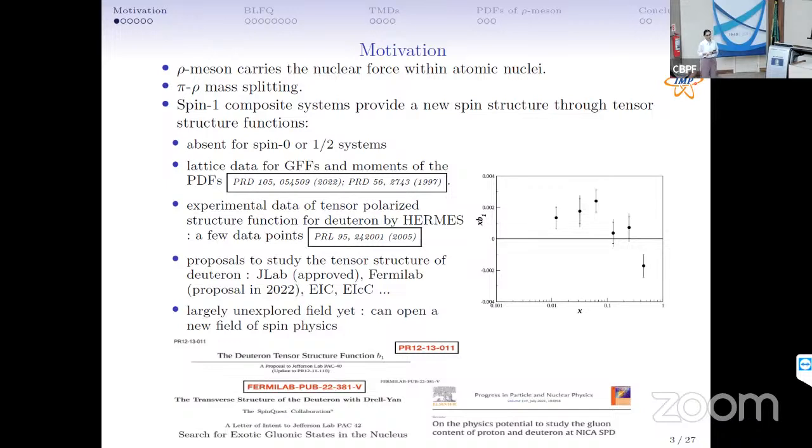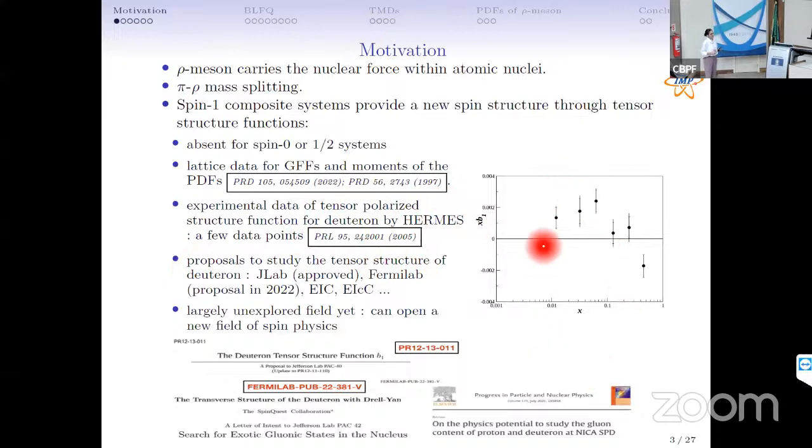Although there is no experimental data available for the rho meson structure functions, there are some latest data available for gravitational form factors and the moments of PDFs. Being a spin 1 particle, the deuteron also has this tensor polarized structure, and there is some experimental data by HERMES.